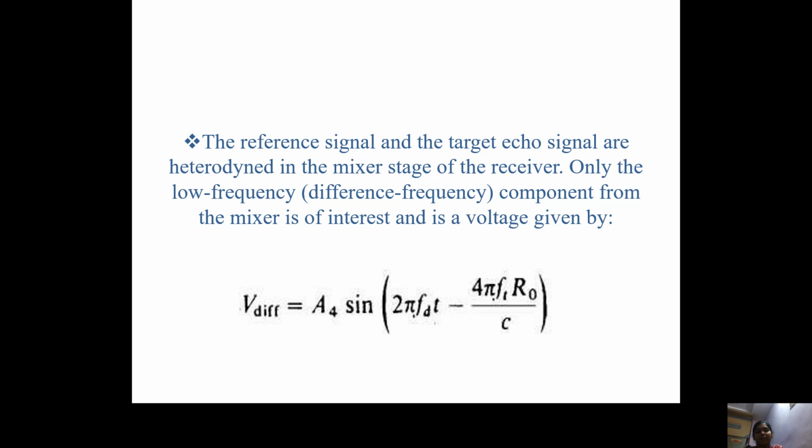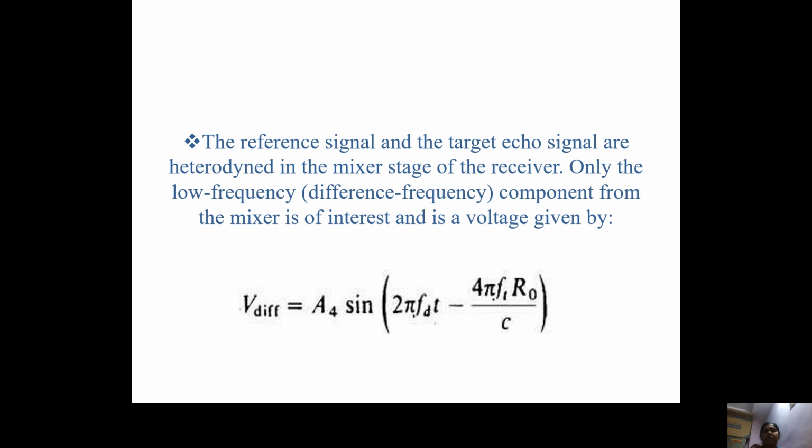Its expression can be given as V difference, the voltage with which the resultant signal is traveling. V difference equals A4 sine 2 pi Fd into T minus 4 pi Ft R0 by C. A4 is the amplitude, and Fd is the Doppler frequency, which is the deciding factor for moving targets.